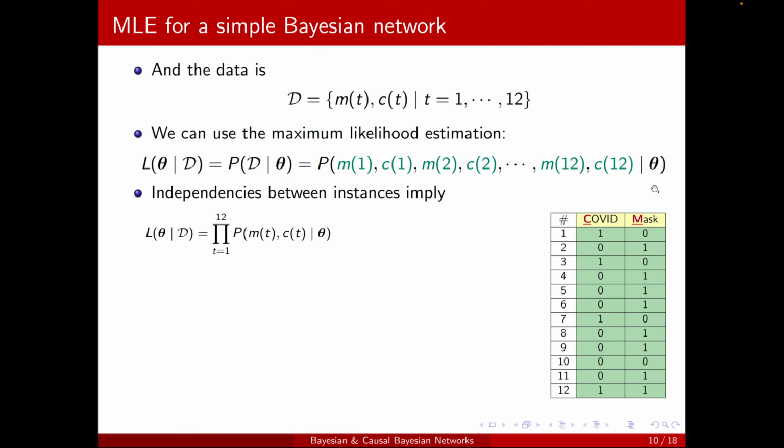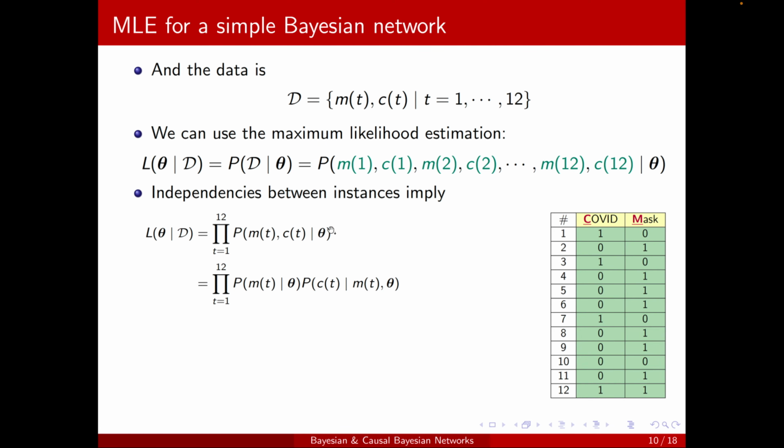And if we write it in the compact form and use the independencies between the instances, recall how we described that each time you toss a coin, it's independent from your previous toss. Same story here, the instances are independent of each other, so I can just factorize them into the 12 instances. Then using the Bayesian network factorization rule, or just the chain rule in this case, I can factorize it into these two terms.